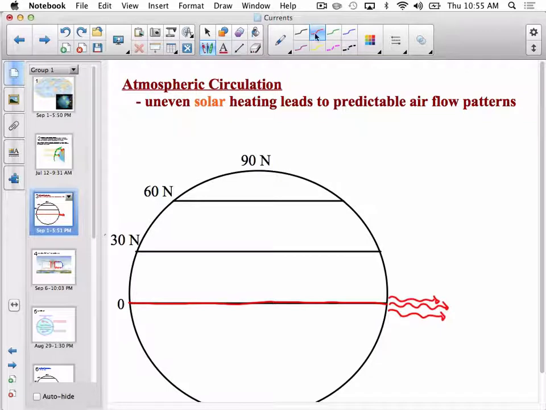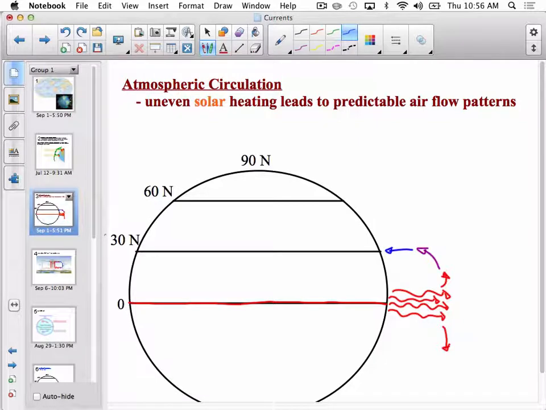This hot air is rising, but it hits the top of the atmosphere and is deflected both north and south. Then that deflected air is cooling because it's not receiving the same heating, so it's sinking. I'm going to focus on the northern hemisphere from this point forward. It sinks and eventually drops back to the surface of the planet at approximately 30 degrees.